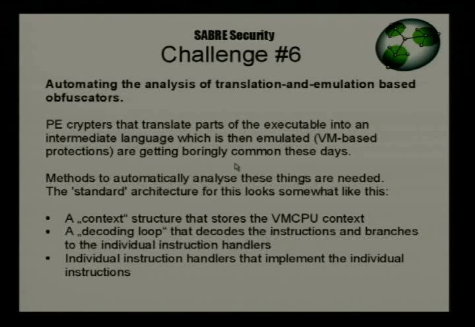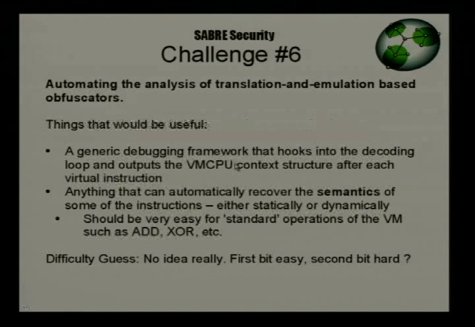So my rough idea of this would be try to exploit the existing structure of these things. For example, you could very, very easily build a debugger for an arbitrary virtual machine. You just have to identify the decoding loop. If you identify the decoding loop, set a breakpoint inside the decoding loop and dump the context structure on every step. Whoa, we have a single stepping debugger for the virtual machine. Very, very cheaply done. Should be possible to do this in Python very quickly.